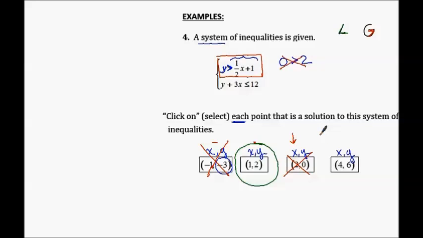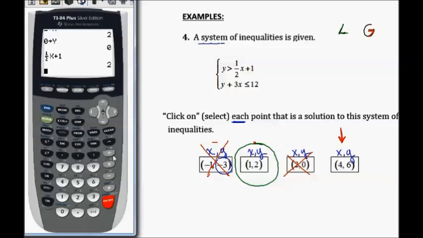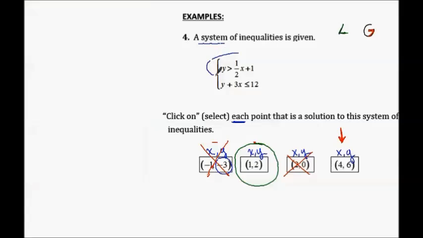So we move on to the next one. In this point, x is 4 and y is 6, so you've got to tell the calculator that. 4 gets stored into the x and 6 gets stored into the y. Once you have that, remember that we are doing the first inequality here. The y is going to be whatever y value you have, which is a 6.